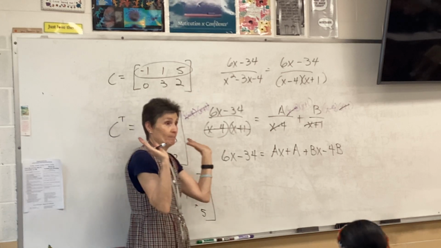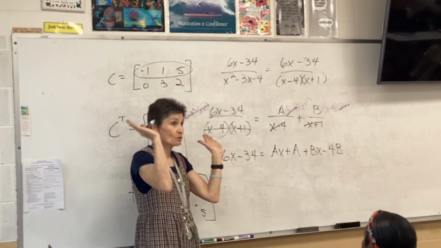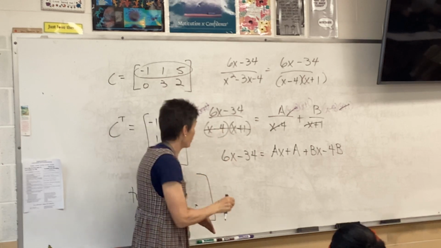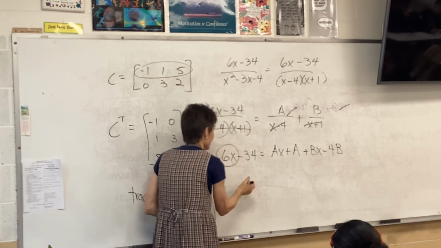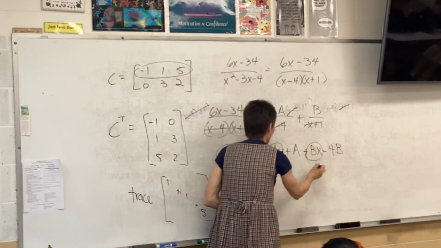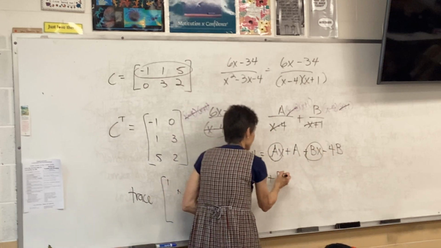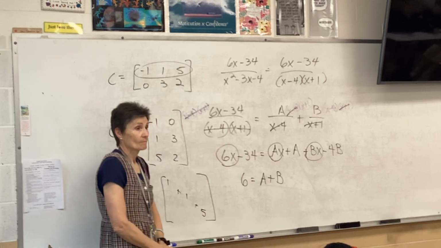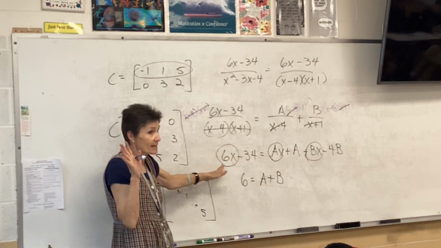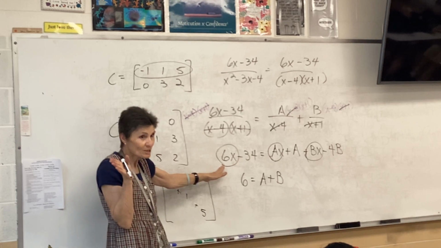I'm an equation. So my x's over here have to be my x's over here. So on this side, I have 6 x's. On this side, I have a plus b x's. So whatever, I don't know what a and b are, but they have to add up to 6 if this is going to be an equation.